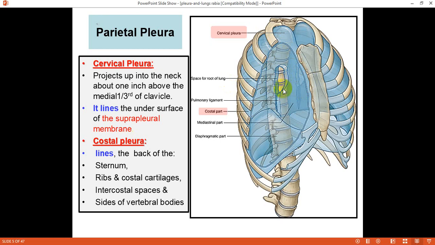And the lower parietal pleural extension is also extending below the root of the lung, which is called pleural ligament. So we can identify the mediastinal surface by this here. And then inferiorly, the costal and mediastinal surface are continuous with the diaphragmatic part of the parietal pleura.